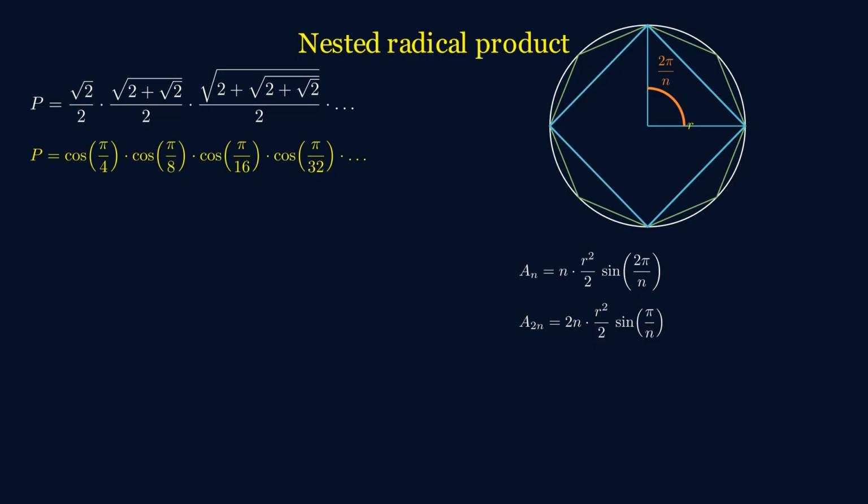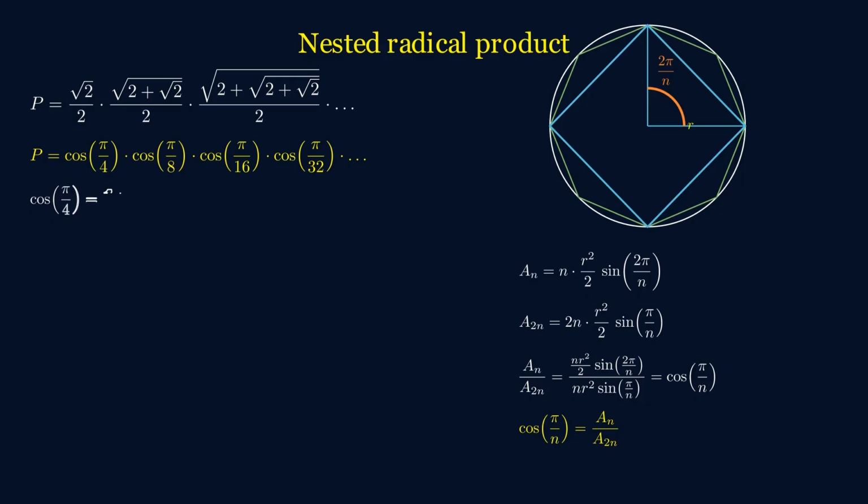The only trig fact you really need along the way is that sine of 2 theta equals 2 times sine theta times cosine theta. And it turns out, and this part is honestly really beautiful, that the ratio of those two areas comes out to be cosine of pi over n.